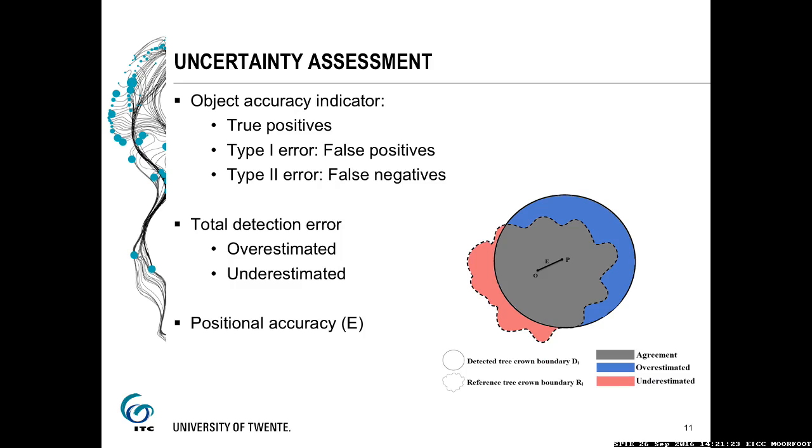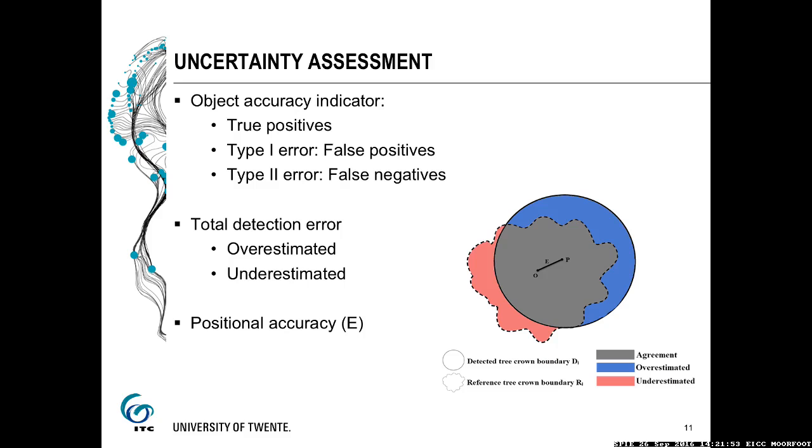For the uncertainty assessment of these individual tree detections, we use the object accuracy indicator with true positives, which in our criteria are truly acceptable, and type 1 and type 2 errors as false positives and false negatives, and total detection errors with the overestimation and underestimation.